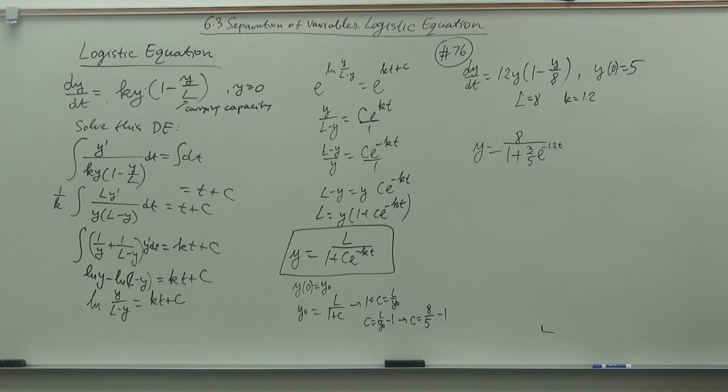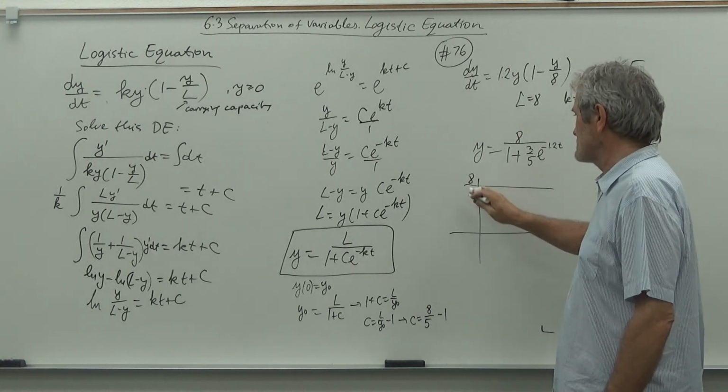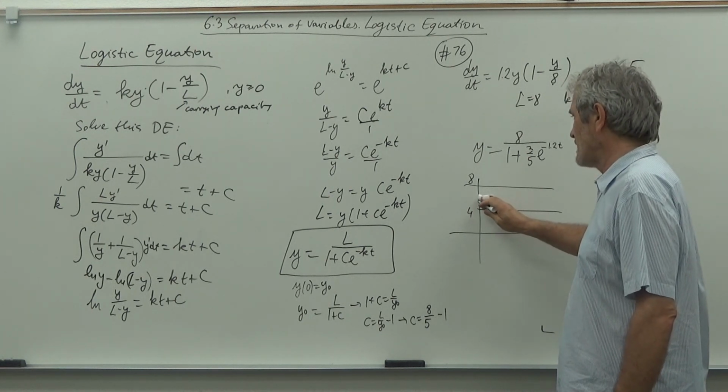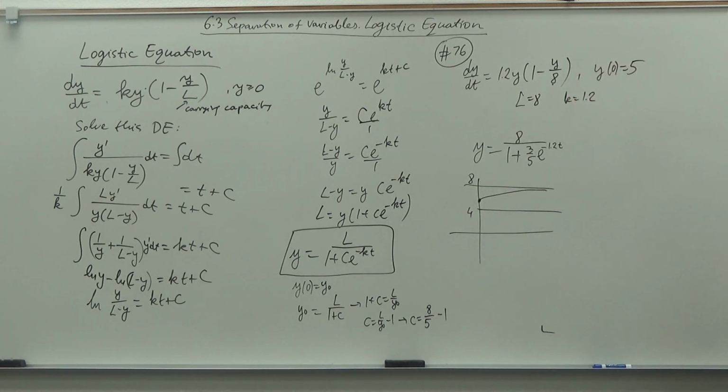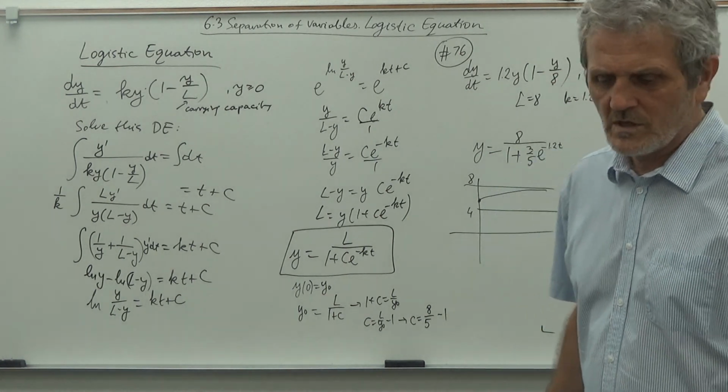By the way, what happens in this graph? You remember half the carrying capacity, so the carrying capacity is 8, so the inflection point is at 4. Since we started above it, we don't have an inflection point, we are concave down, we slow down from the beginning because we just started at a high value.